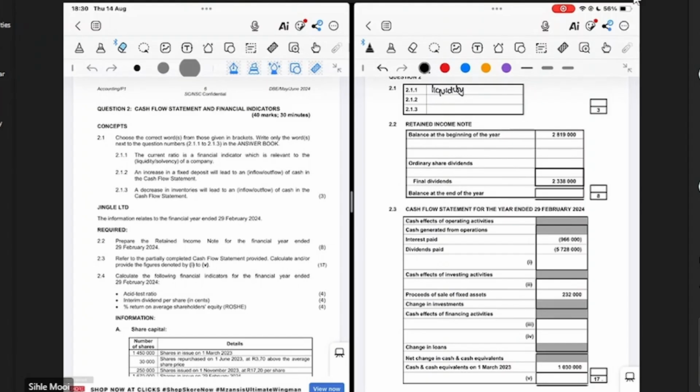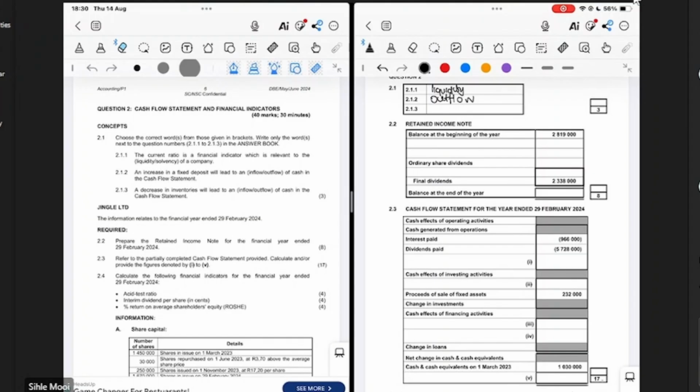What do you guys think? Right. So the answer there is an outflow because if you're increasing your fixed deposit, that means you are putting away more money at the bank. So money is leaving the business and going to the bank, making it an outflow. So you're increasing your investment, but you're decreasing your cash.